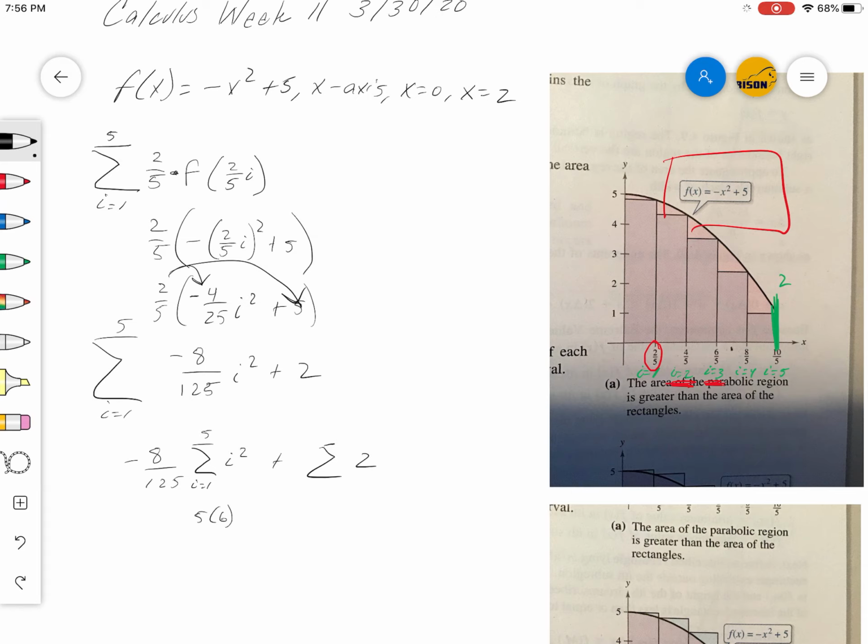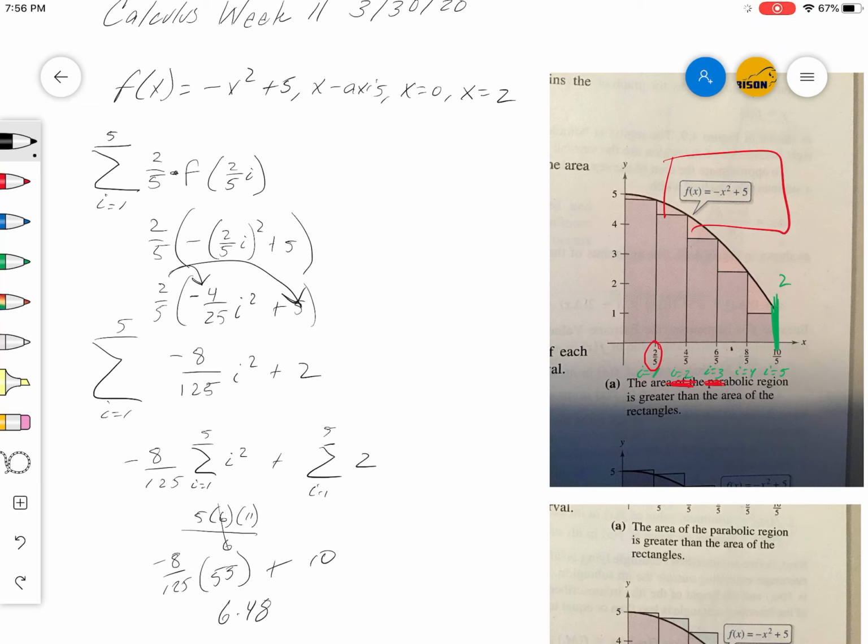So that's 5 times 6 times 11 all over 6. Those cancel, so this is just 55, and we multiply that by negative 8 over 125. Out here, the summation of the whole number 2 from 1 to 5 is just multiplying them, so it's 10. When you actually do the math on that, it outputs 6.48. Trust me on it, I did it just a second ago. That's what it outputs, 6.48.